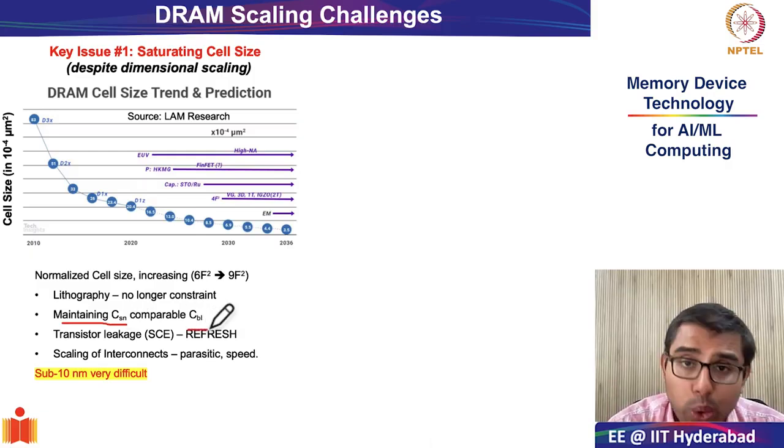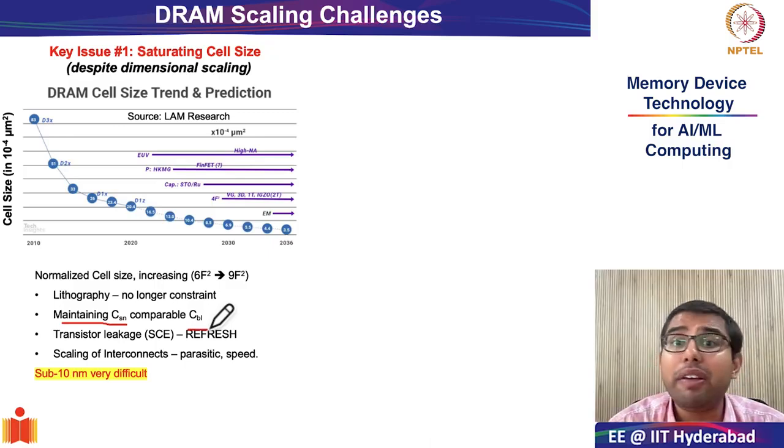Remember why we had to do that? We saw the charge storage model. In the charge storage model, if the capacitance of the storage node is not comparable to that of the bit line, you will have big problems in getting sufficient noise margin. That is the first thing.